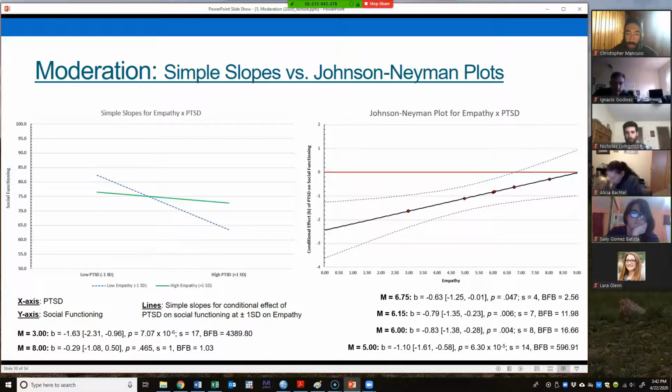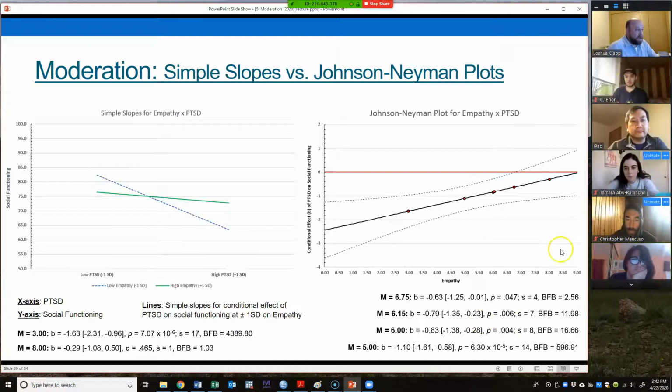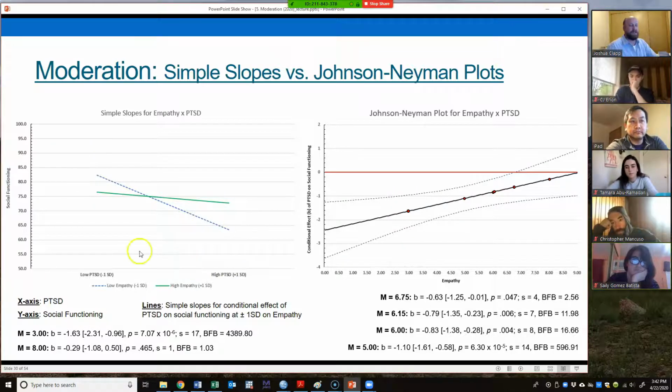And so what we've got with this Neyman-Johnson plot is an approach that's a little bit trickier to interpret, but it contains considerably more information than just choosing our two slopes here. Okay, so this is standard for psychological research, and no one should get upset with you for this.